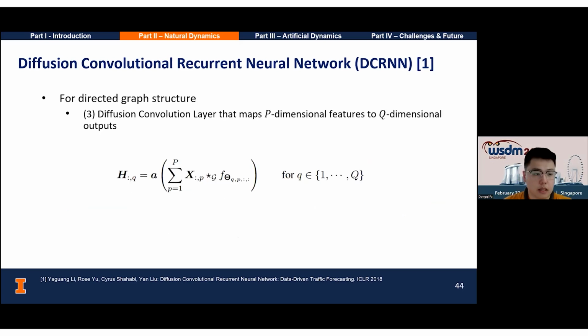Based on the diffusion convolution computation, we are now ready to introduce the diffusion convolution layer that maps the p-dimensional features to the q-dimensional outputs.